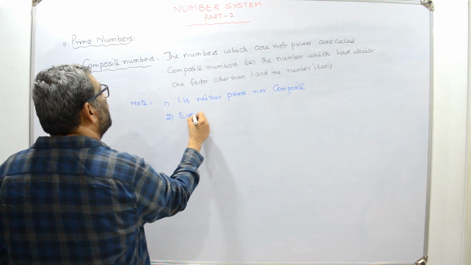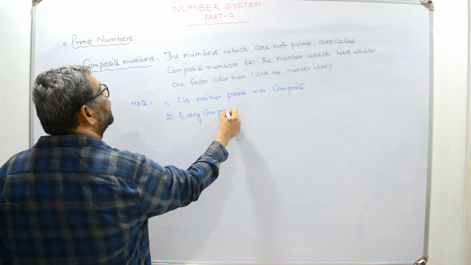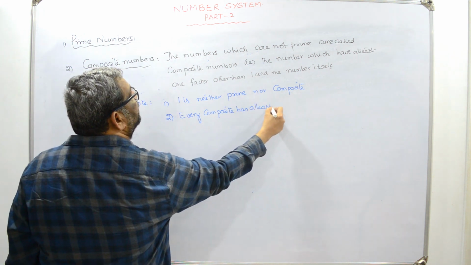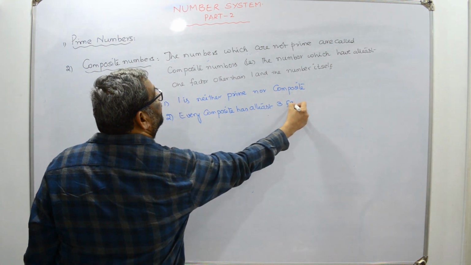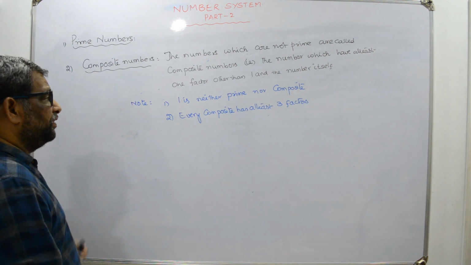Every composite number has at least 3 factors.